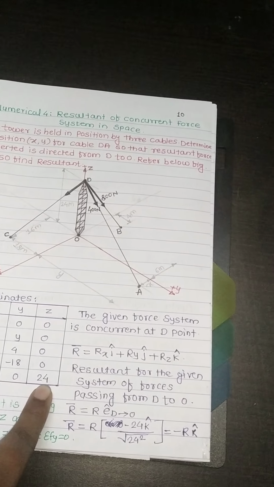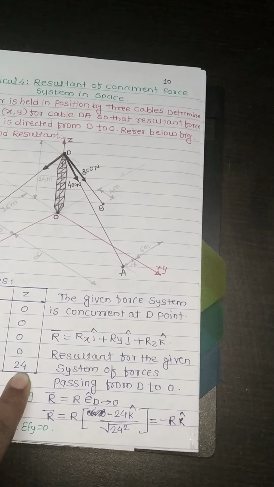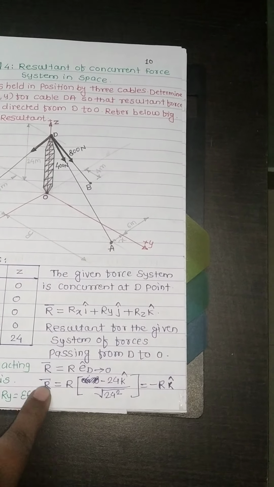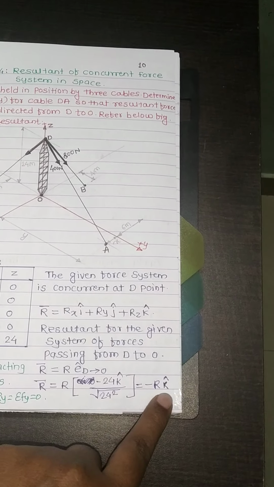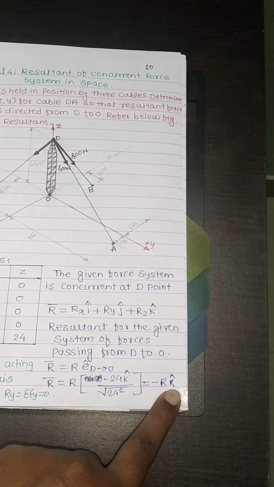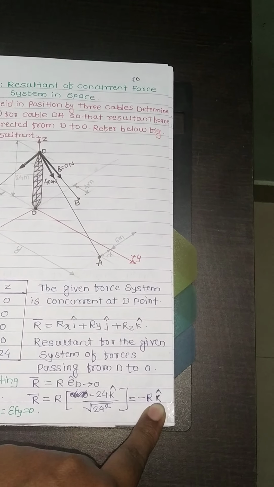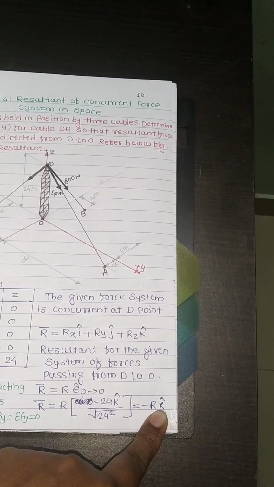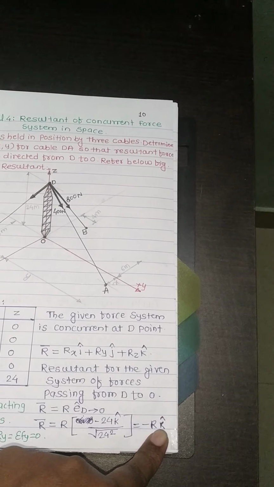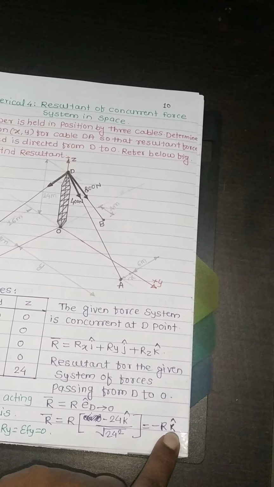So we have the equation R bar equals minus R into k cap, which indicates that the direction of the resultant force is downward towards the point O and it is acting along the Z axis.